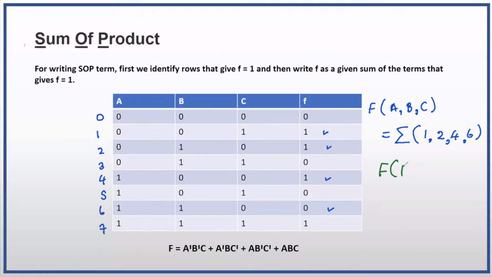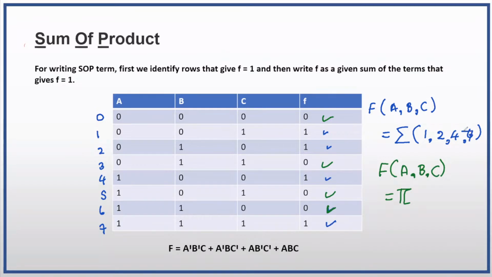And you can also write it as a product of max terms, that means product of sum. So here you consider pi and you want to select zeros. Sorry, I got it wrong here. This should be 0 and this part is 1.